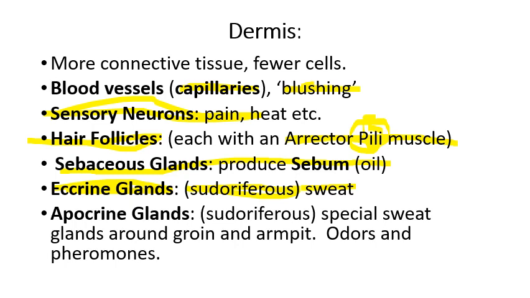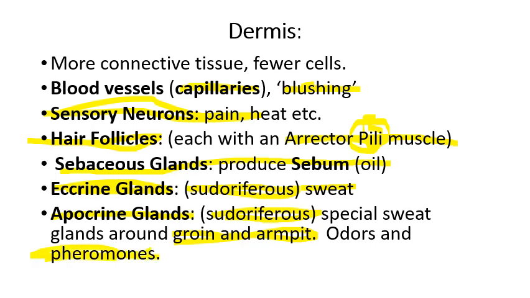Okay, then we have apocrine glands, which are also a form of sudoriferous gland, but these are special sweat glands that you find around the groin and the armpits. You notice that the groin and the armpits are more odoriferous than regular sweat glands. They deliberately produce odors and pheromones.